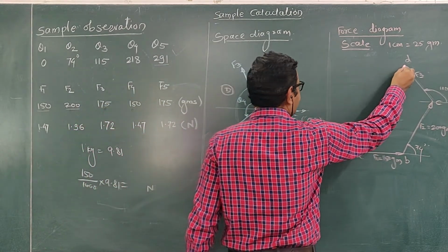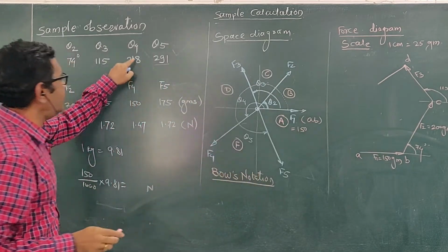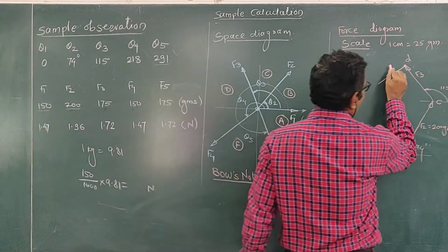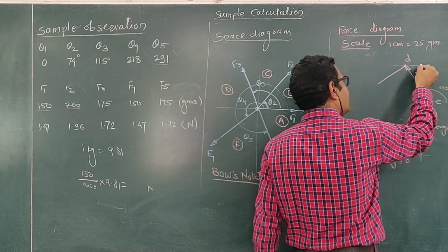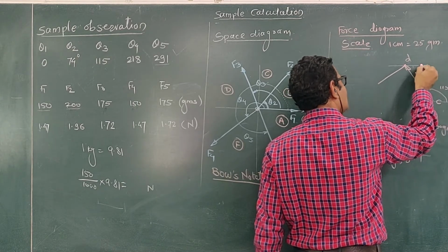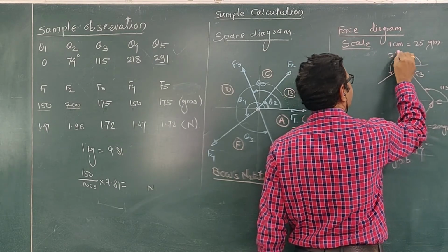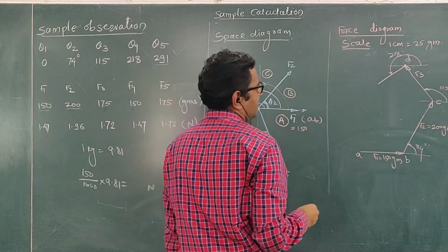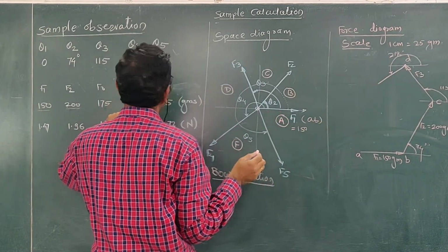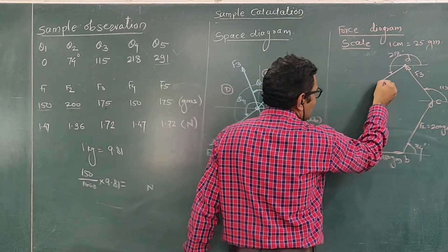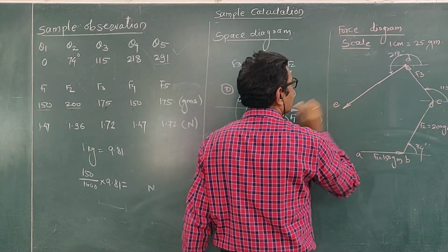At what angle is F4 inclined? 280. So draw the horizontal reference line here, adjust the protractor here, and with respect to the positive x-axis, draw a line inclined at an angle of 280 degree. Now F4 force is 150 grams, so draw the line DE.